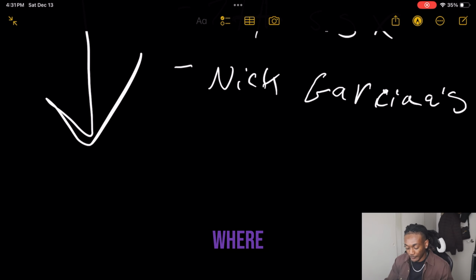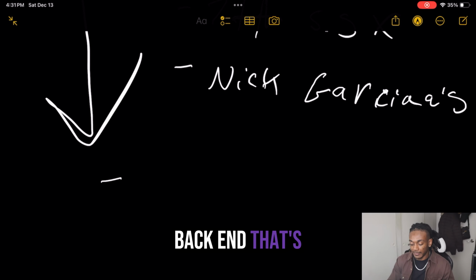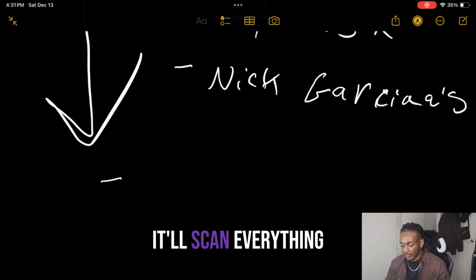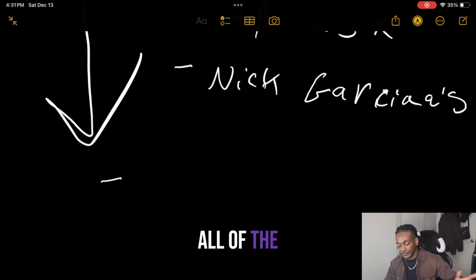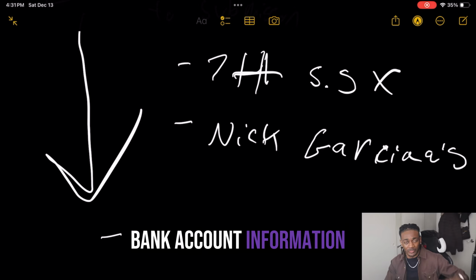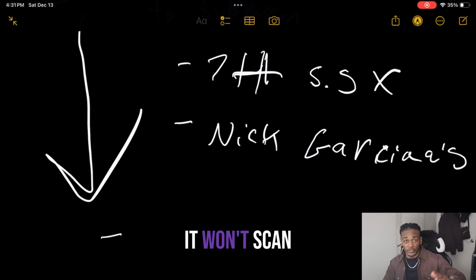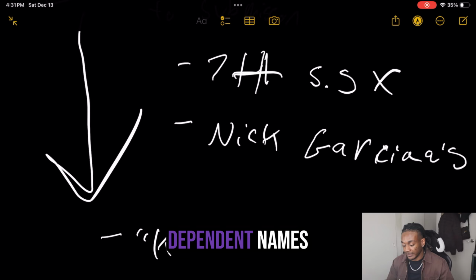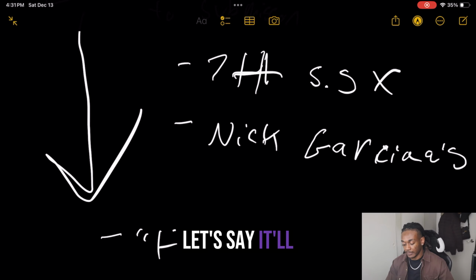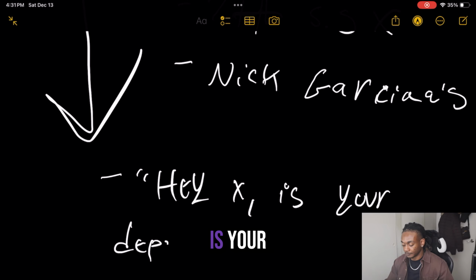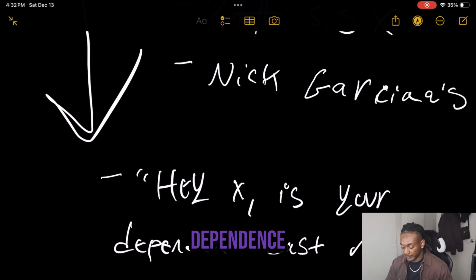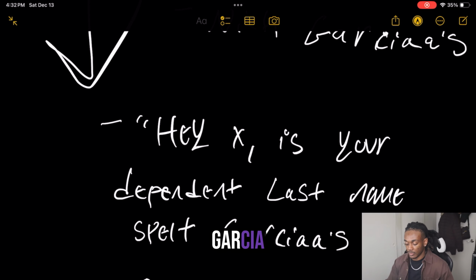Now, this is where you have an infrastructure on the back end that's intelligent. It'll scan everything that's needed. It won't scan the social security number, the personal information, bank account information, anything that's personal. However, for something like the dependent names, it'll say, okay, well, hey, is your dependent's last name spelled this way, or is it that way?